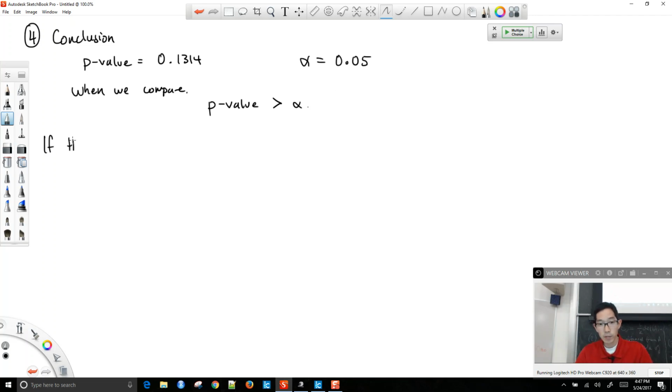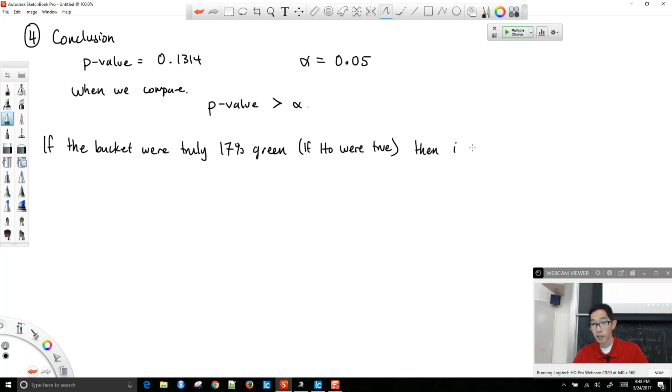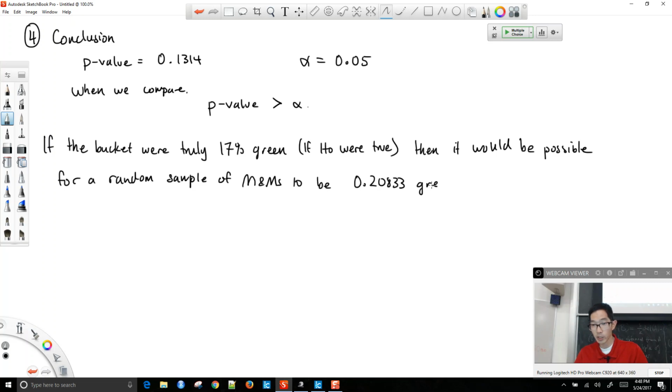That means if the bucket were truly 17% green, if the null hypothesis were true, then it would be possible for a random sample of M&Ms to be 0.20833 green. That's what we observed.